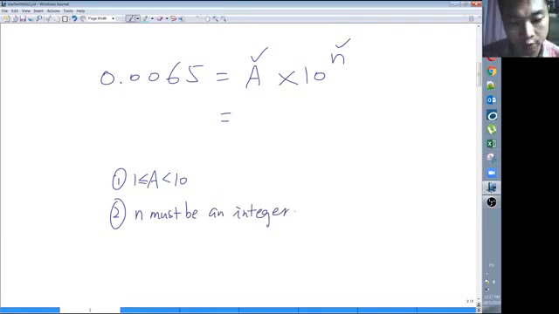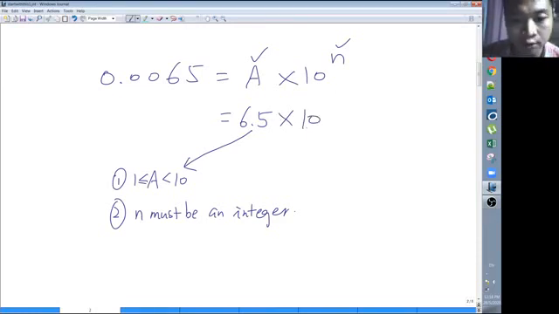With these two requirements, the first question I ask myself is, what should my a be? In this case your a should be 6.5, which meets the first requirement. Next, the question I ask myself is, what is my n?